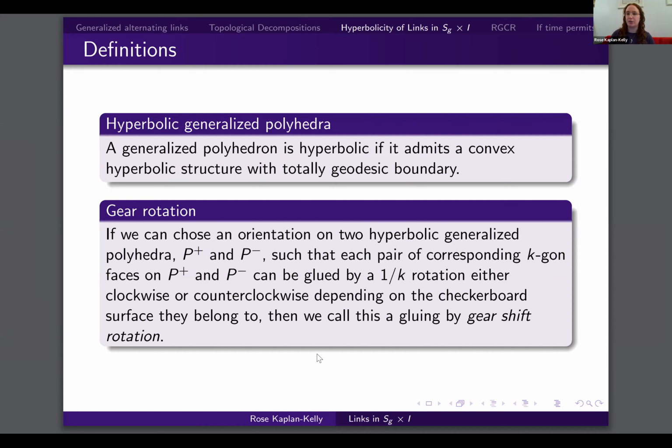So what we do is we have our two generalized polyhedra, P plus and P minus, and we suppose that we could glue them where corresponding faces glue, where if they had K sides, let's say, we glue them by a 1/K rotation on each face, either clockwise or counterclockwise, depending on which checkerboard surface they correspond to. This gluing is called gluing by a gear shift rotation, or I might call this the gear shift map.